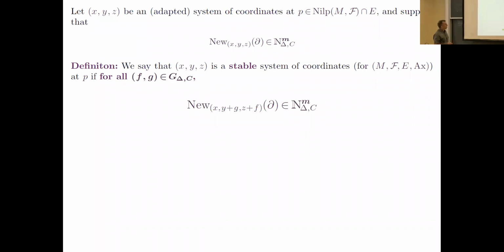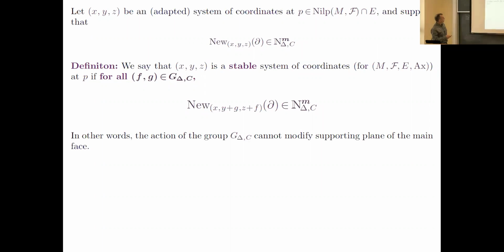Okay. So what I mean by this is that the action of the group G delta cannot modify the supporting hyperplane. If you recall the case of 2 dimensions, this is precisely the situation where it's easier to see that the analog of this stability is that you could not displace the main edge by making such coordinate changes.